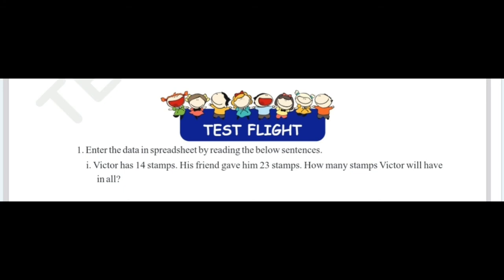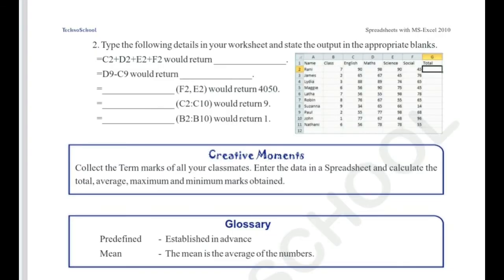We have to see the C2, D2 and E2 values, give the addition of these values, and then D9 minus C9. D9 is 67 minus C9, which is 55, so 67 minus 55 gives the answer. Like that it would return.